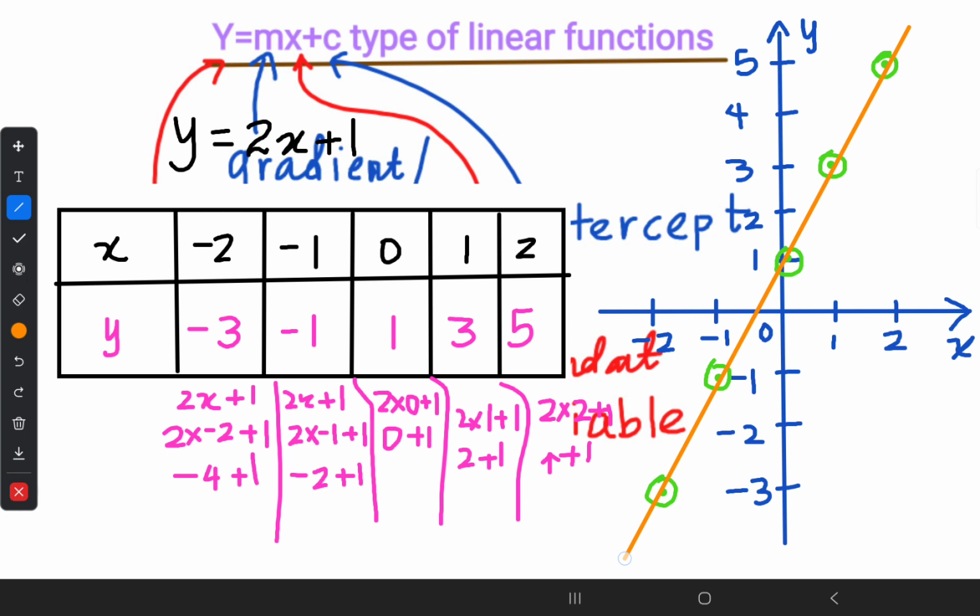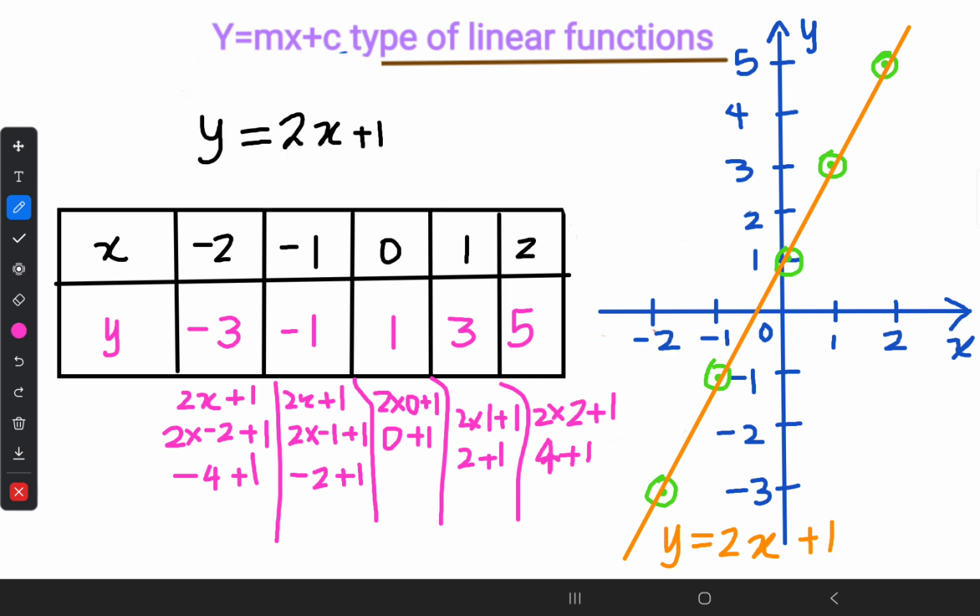So, this would be our precise graph. The graph equation is y equals 2x plus 1. That's all.